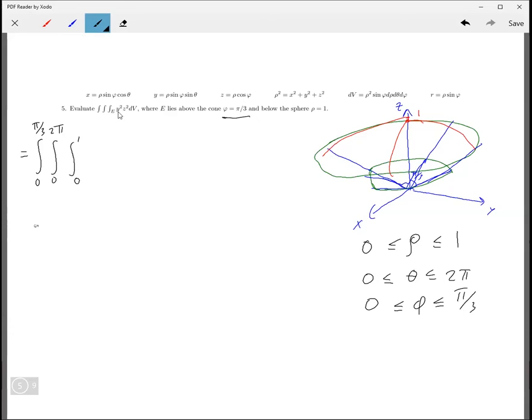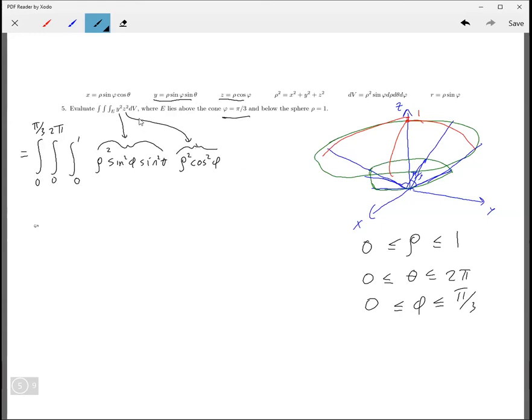Okay, now we have y squared. So put this in for y. That's going to be rho squared sine squared phi sine squared theta. Then there's your z squared. So z is rho squared cosine squared phi.